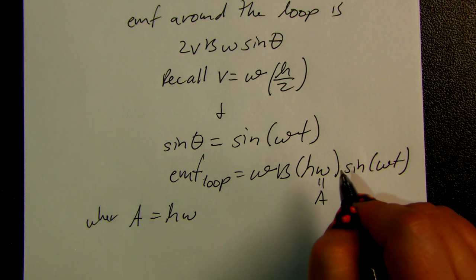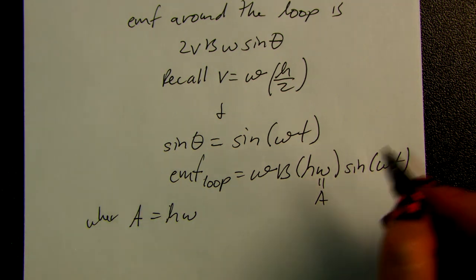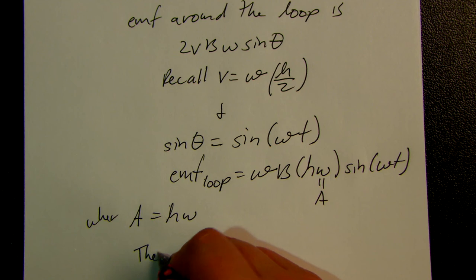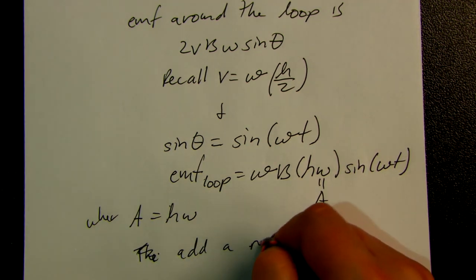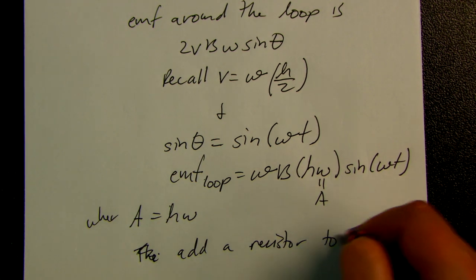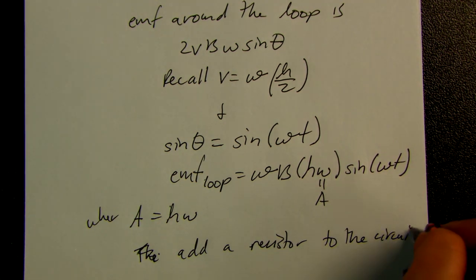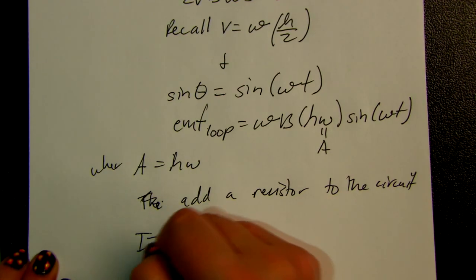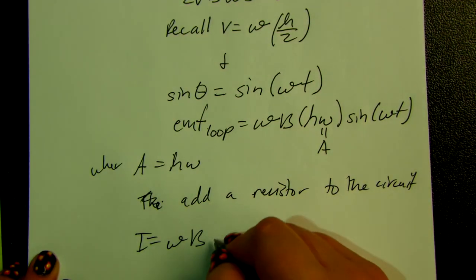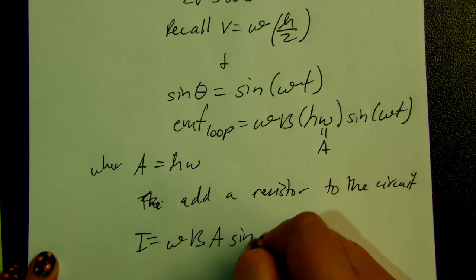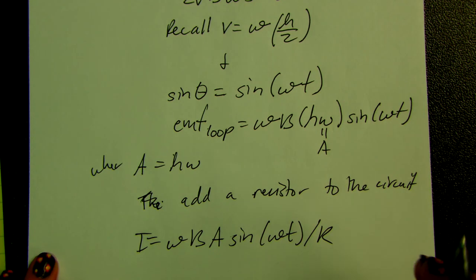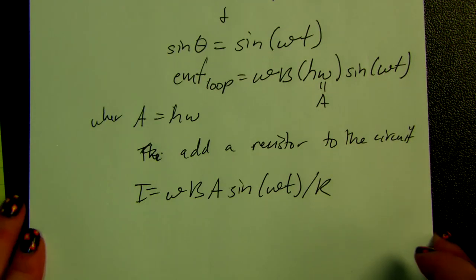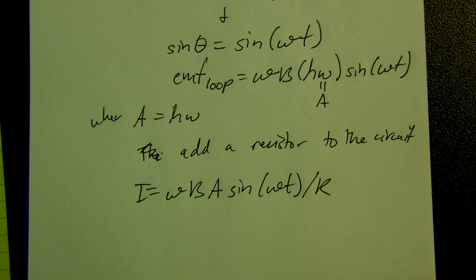So what if we connected a light bulb with a resistance to this circuit? We add a resistor to the circuit. Then current is equal to omega B times area sine omega t over R. We're just using delta V, I is equal to delta V over R. This is how a generator works, only there are many turns of wire.